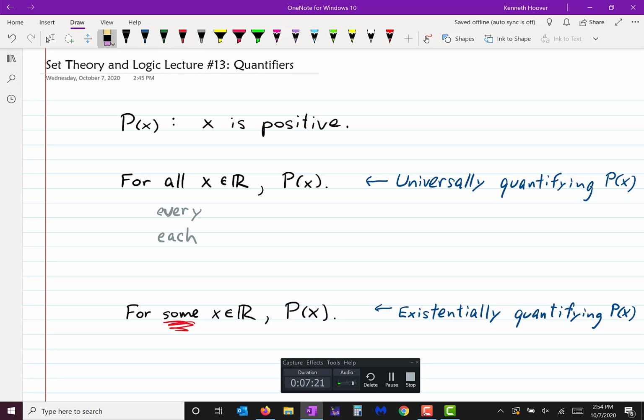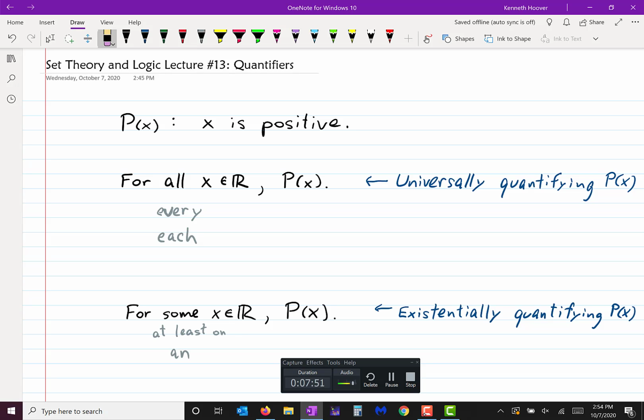In fact, you could say, for at least one X in the real numbers. Or you could even just say for an X in the real numbers. That means the same thing. All of those do. Okay? Now the normal way of saying it is this.